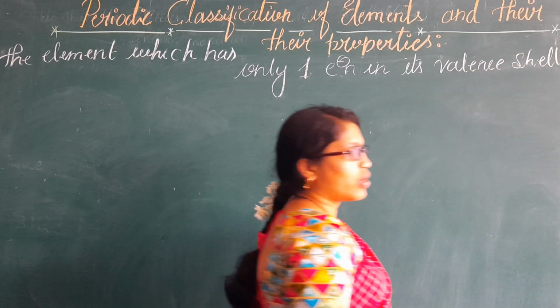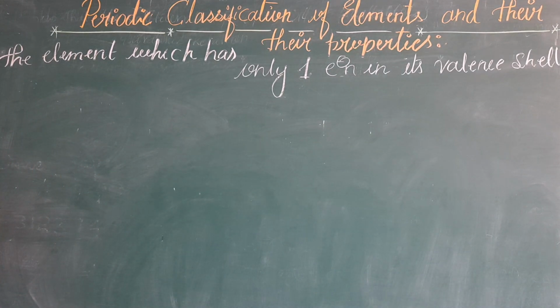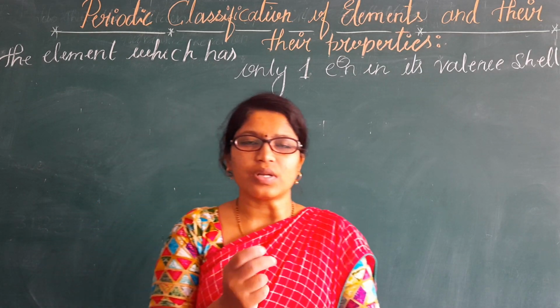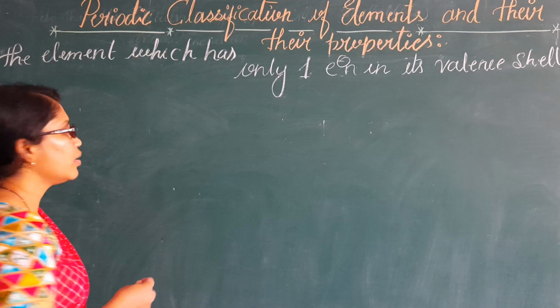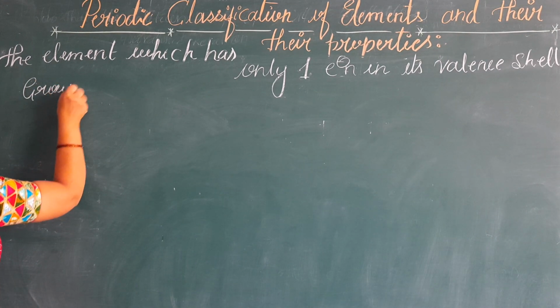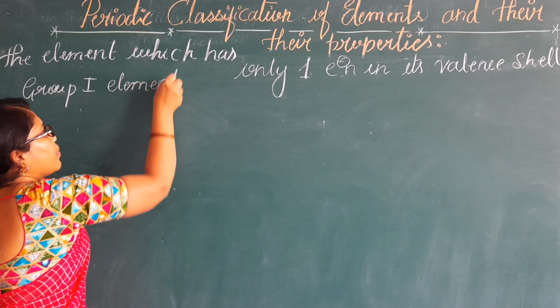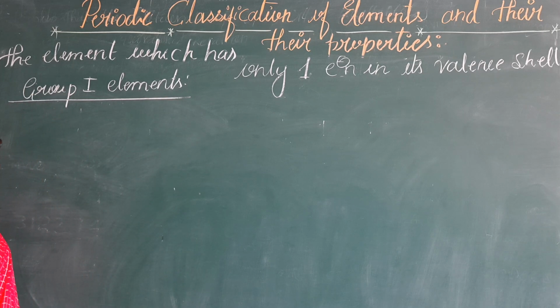How am I supposed to answer this question? I have to understand. As I told you, there are mainly 18 groups present. We will discuss group 1, so let us consider group 1 elements. Pause the video and tell me what the group 1 elements are. Yes, very good.